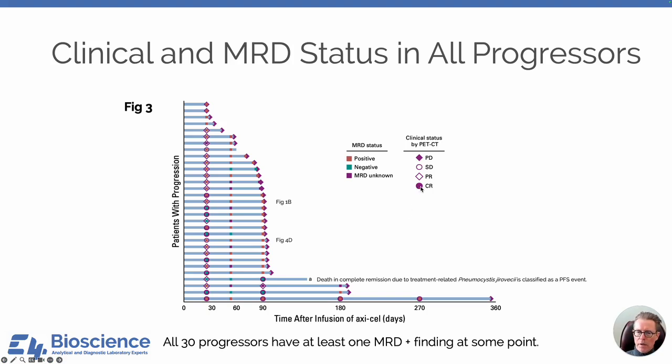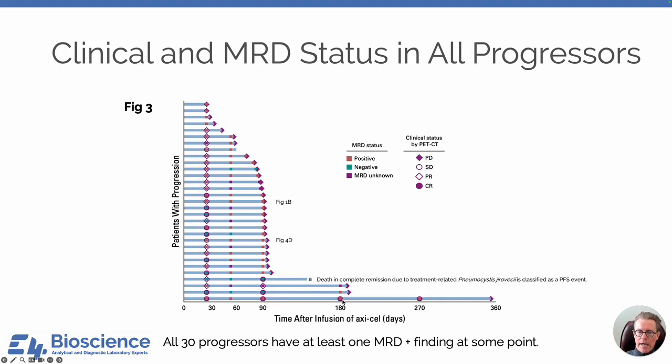A purple circle is a patient that's in a complete remission, and a brown square means they are MRD positive. You'll note that over time, so imaging, and then additional images and additional tests, imaging with circles or diamonds, and then the little boxes are MRD testing.